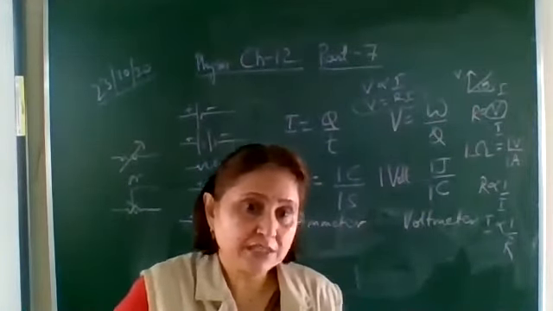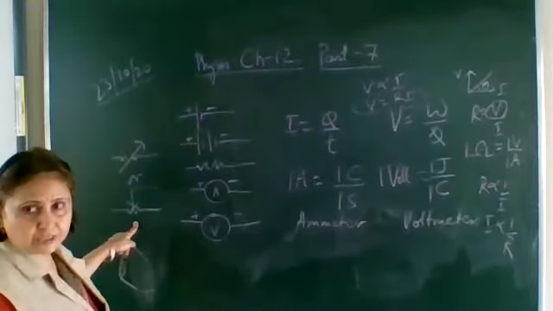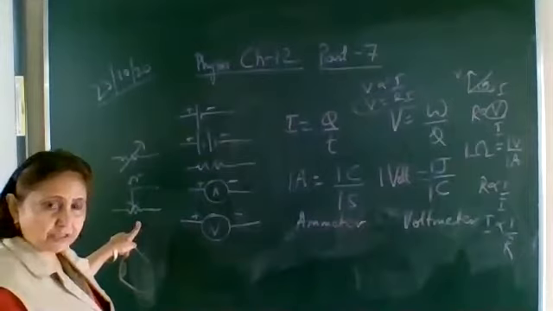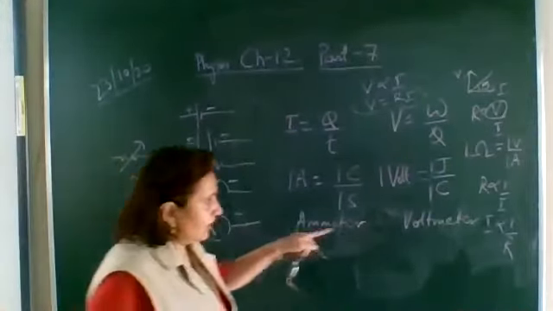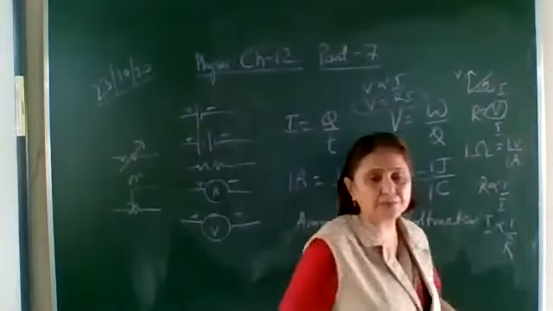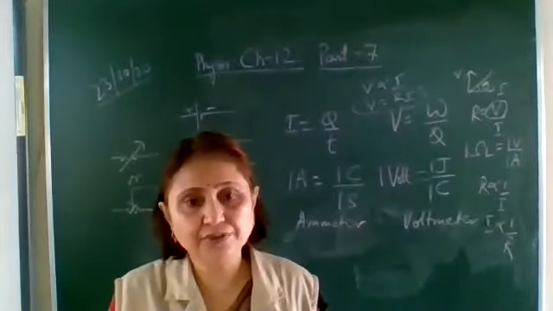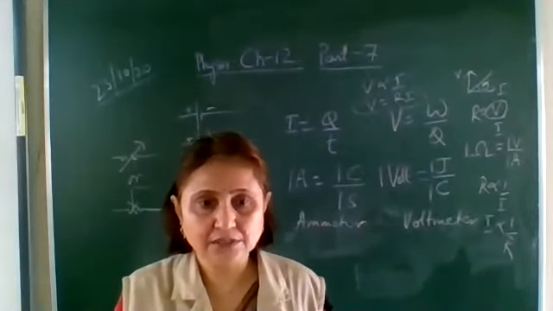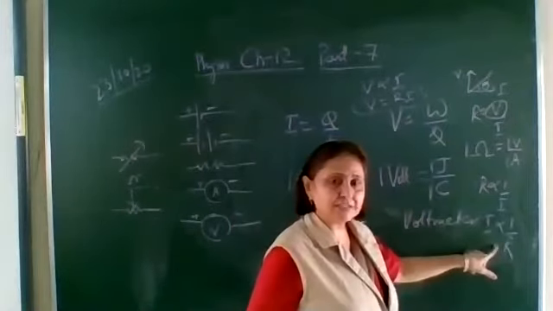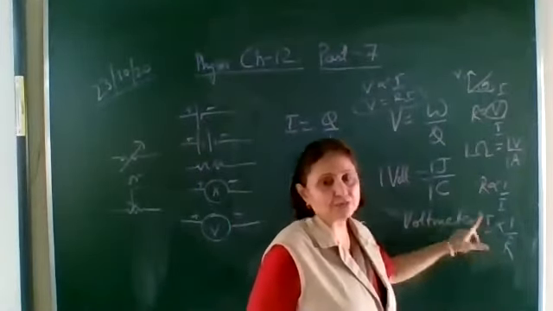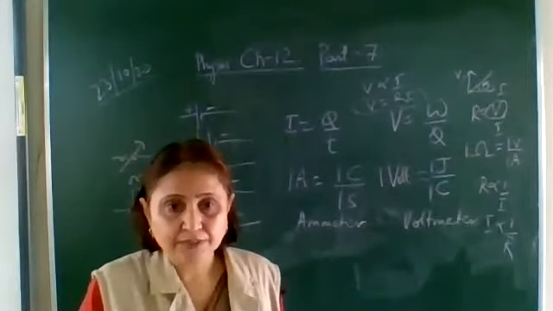Resistance can be changed with the help of a rheostat. So more the resistance of any wire, less will be the current flowing through that conductor, and vice versa. Less the resistance, more will be the current in that wire.